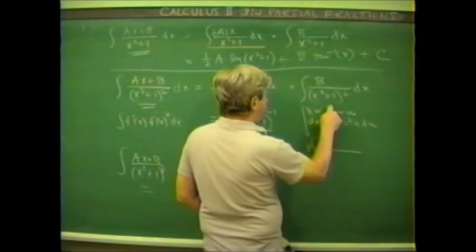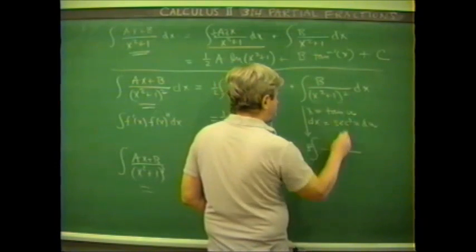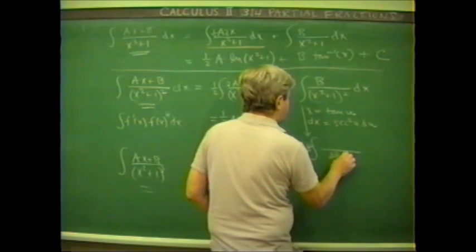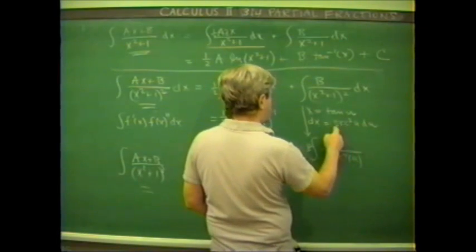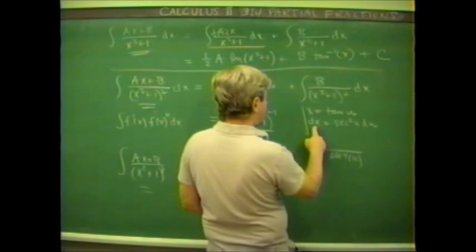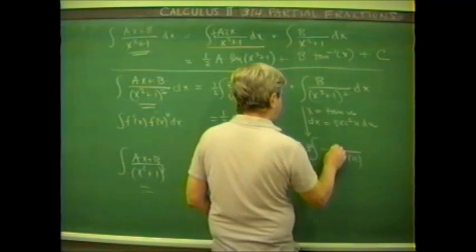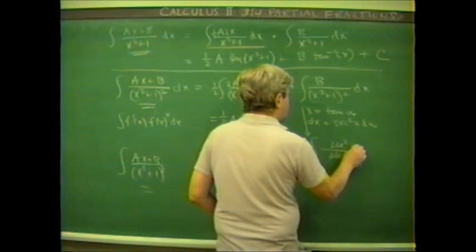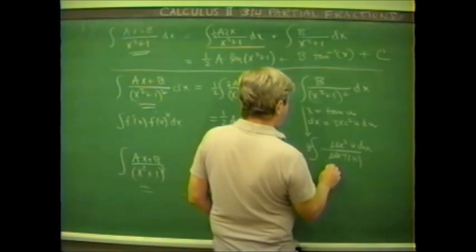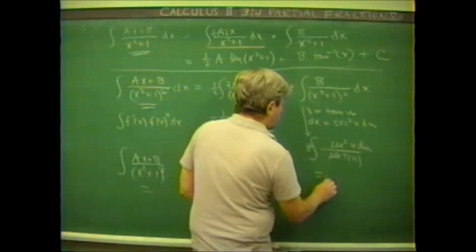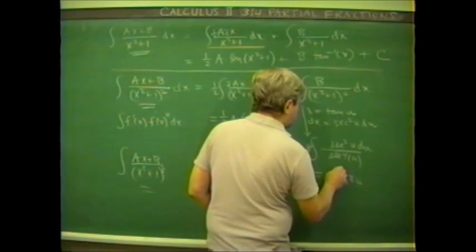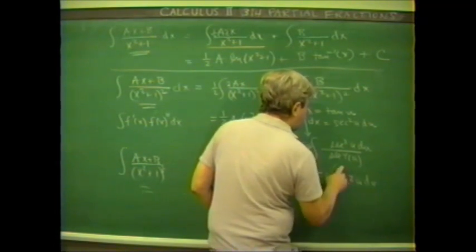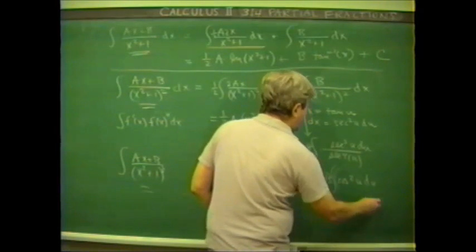We have tangent squared plus 1 is secant squared, squared, so this is going to be secant to the 4th of u. In the numerator here, dx is secant squared u du, so we get secant squared u du, and this now is equal to b cosine squared of u du, which is something that you can do.